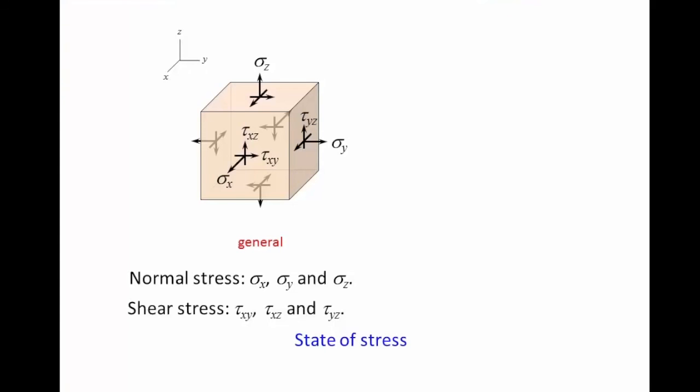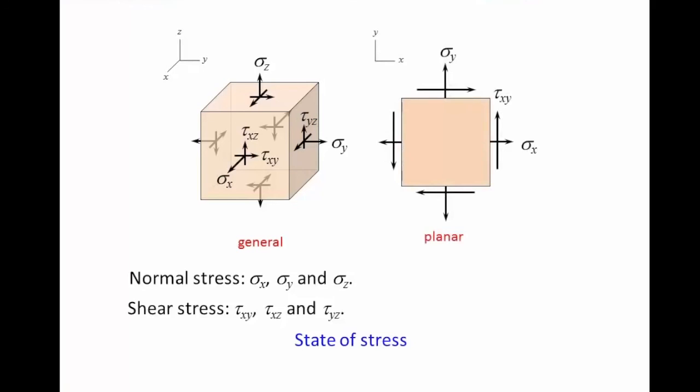When we reduce our 3D analysis to 2D analysis, in other words, we focus on the state of stress within only one plane, in this case the xy plane, then there are only 3 stress components: the 2 normal stresses along the x and y axes and the shear stress within the xy plane. And this is called the planar state of stress.